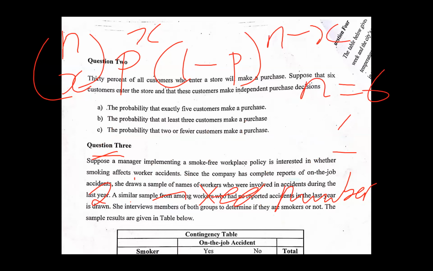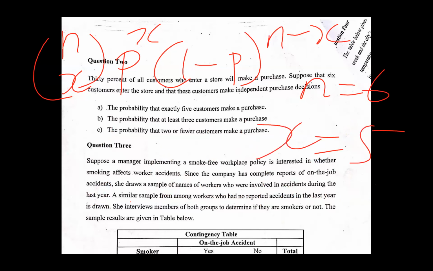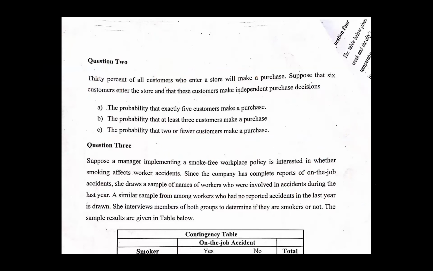So your small x being 5. Your P is 30% being 0.30. Then you substitute it into this formula. Is it not what we did? I also gave you to try 1 minus P.